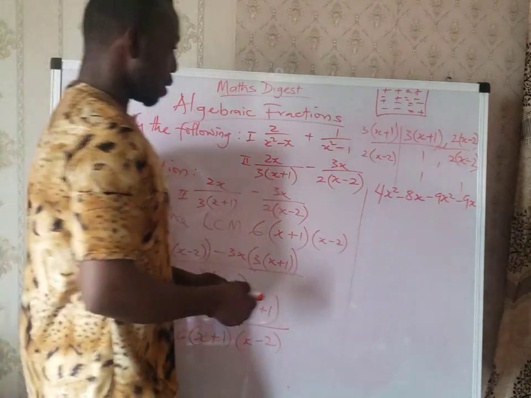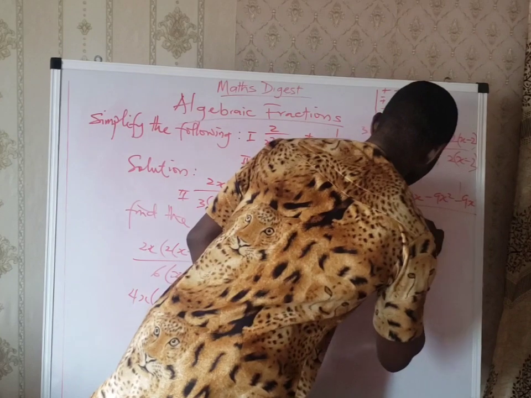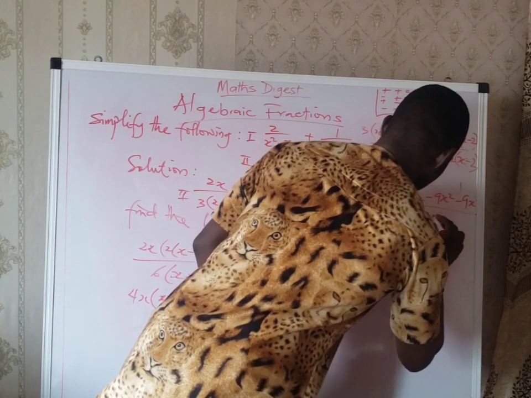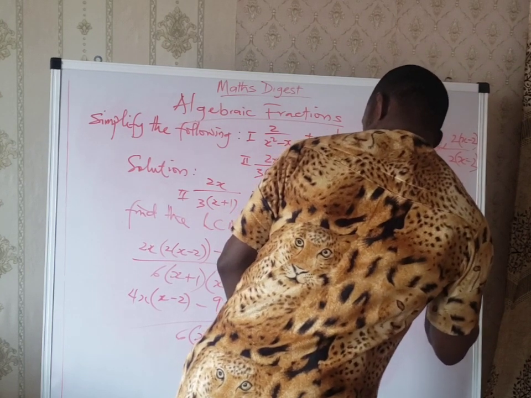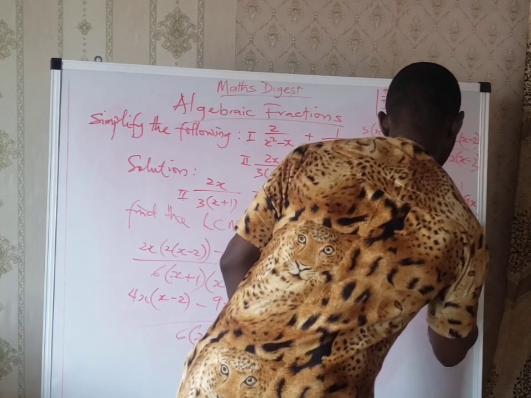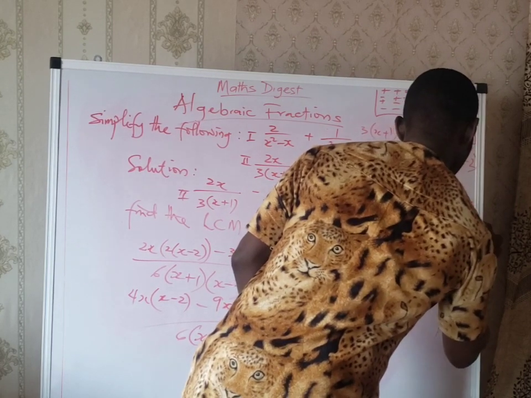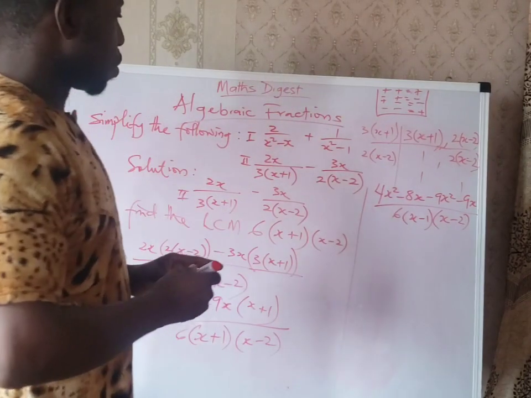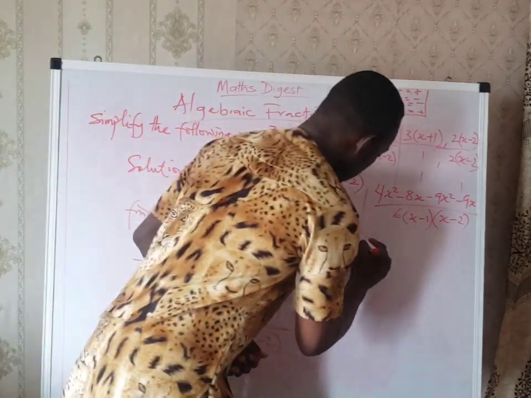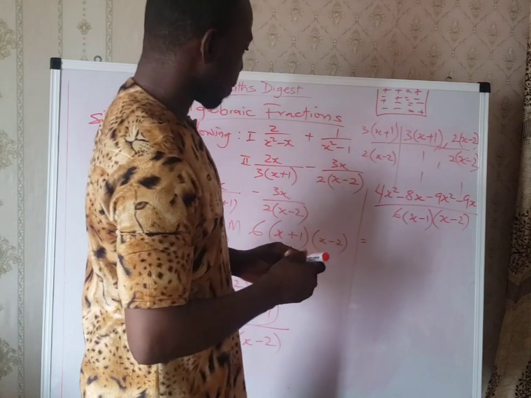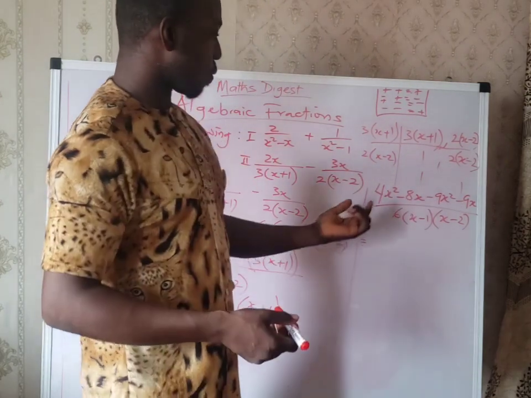We return back the LCM, that's the denominator. So we iron out what we have at the numerator. First of all, we look at it, we see that there are like terms here.